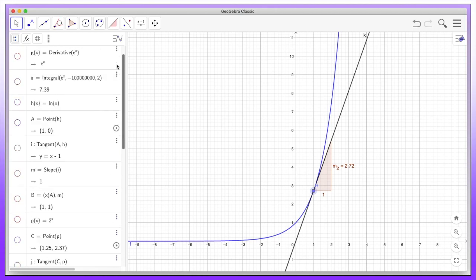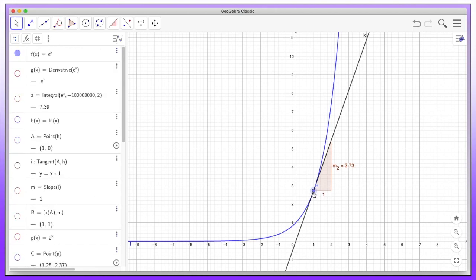So if I plot the gradient function, the gradient along here, the graph I'll get is this. I'll get exactly the same graph. Okay, so the derivative of e to the x is the same graph as e to the x.